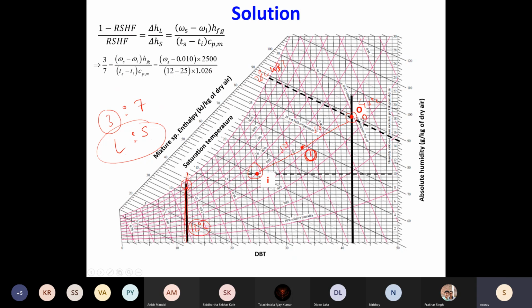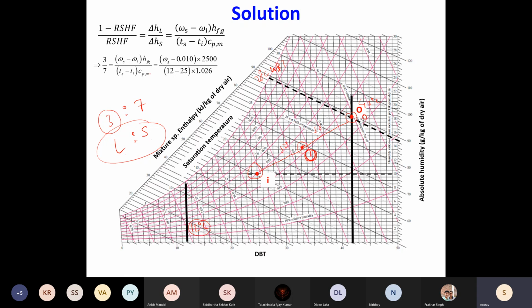That is after mixing of outdoor and indoor air. So this is the entry to the coil. But the exit from the coil, that is supply condition, is not yet fixed because all we know is the temperature. So we have to fix the humidity ratio or WBT or relative humidity. Something has to be known.